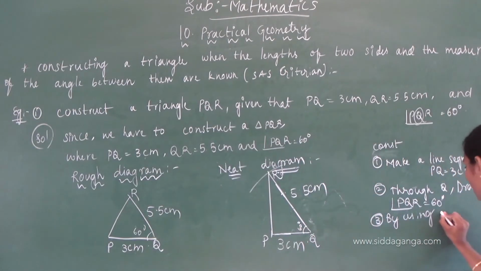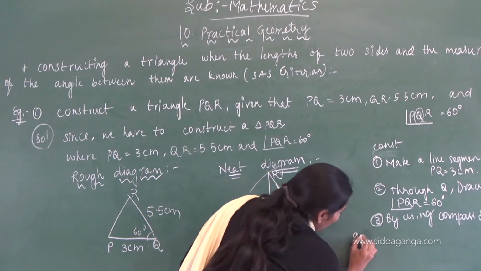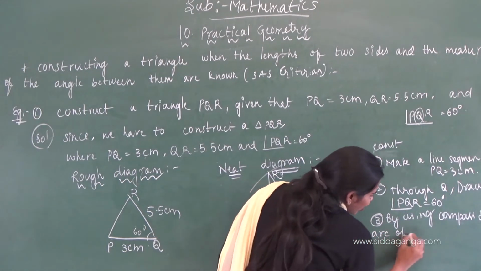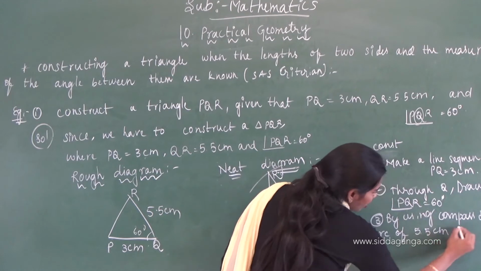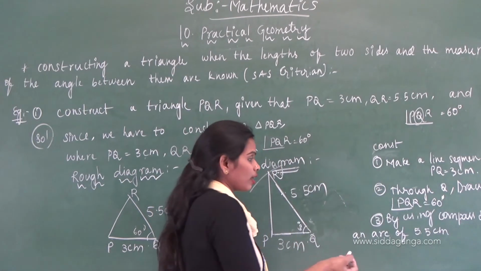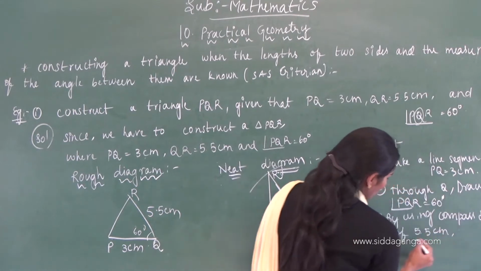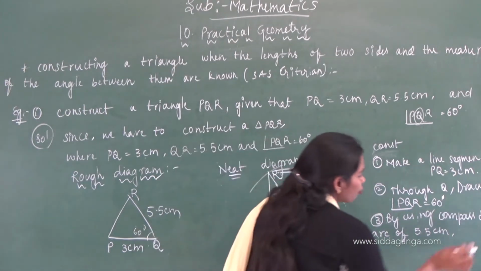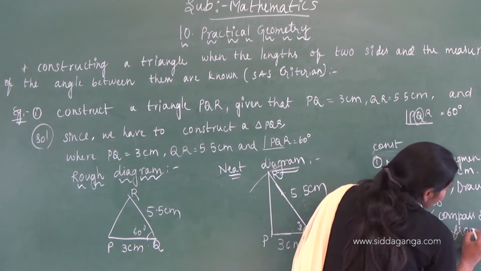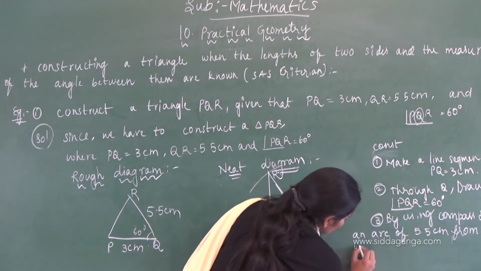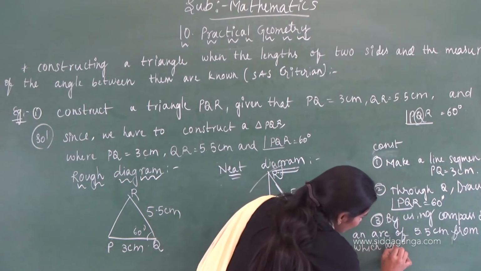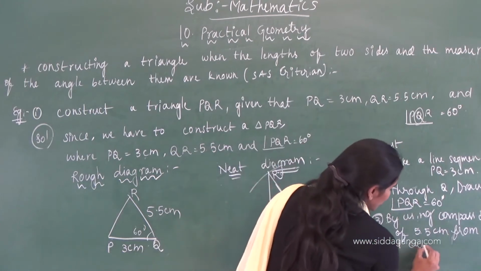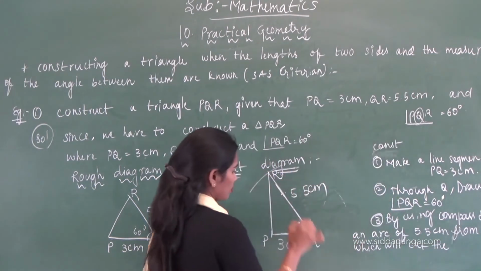Using compass, draw an arc of 5.5 centimeters from point Q, which will cut the ray.